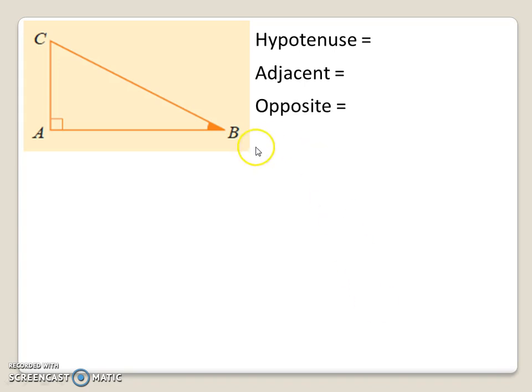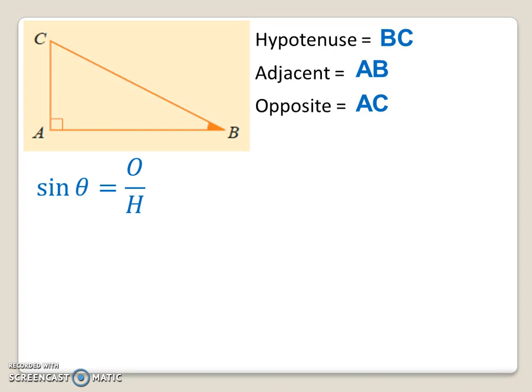So if I'm looking at this particular triangle, the reference is angle B. So our hypotenuse of the right angle triangle is BC, but our adjacent side is in reference to this angle, so that would be the side AB, and the opposite side would be opposite that angle, AC.